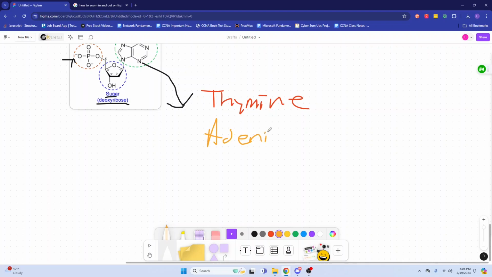This should sound familiar from the last unit, Unit 3. Cytosine. And then finally we have guanine.